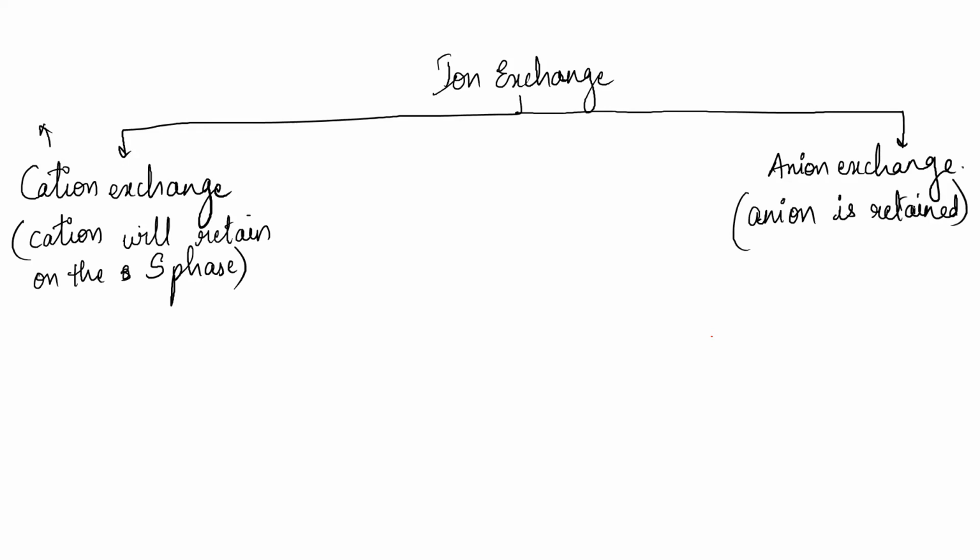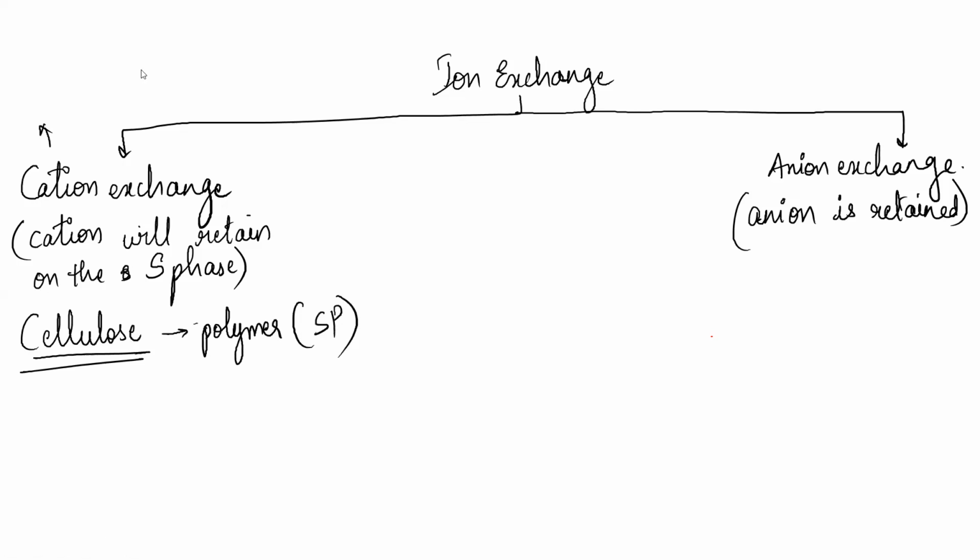Okay, so let us take an example of cellulose as a polymer, as a stationary phase. Somebody has answered here. Yeah, correct, Anushka.